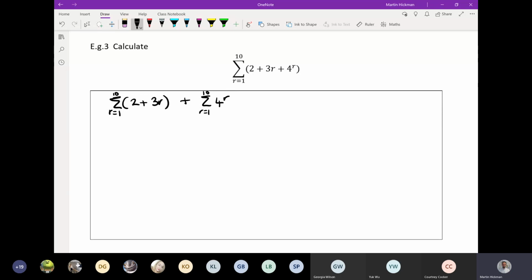We can simply split it up into individual terms. So we can either deal with it all as one, or we can split it up like this. If I wanted to, I could split this up further and look at the sum of the 2's plus the sum of the 3r's plus the sum of the 4 to the power of r's. But I'm just going to leave it as 2 things to work out here.